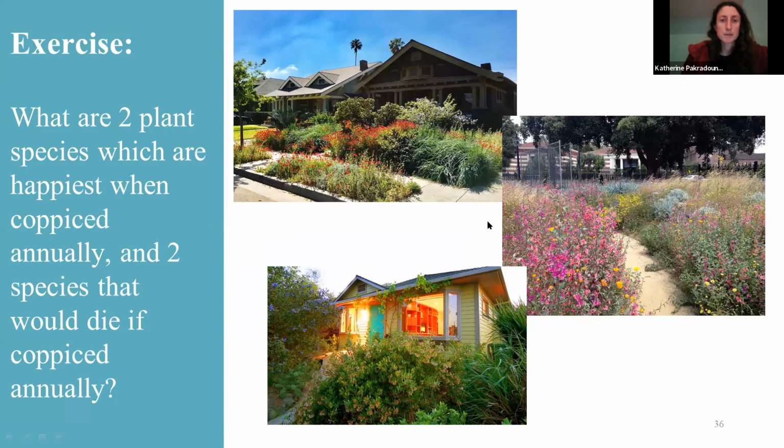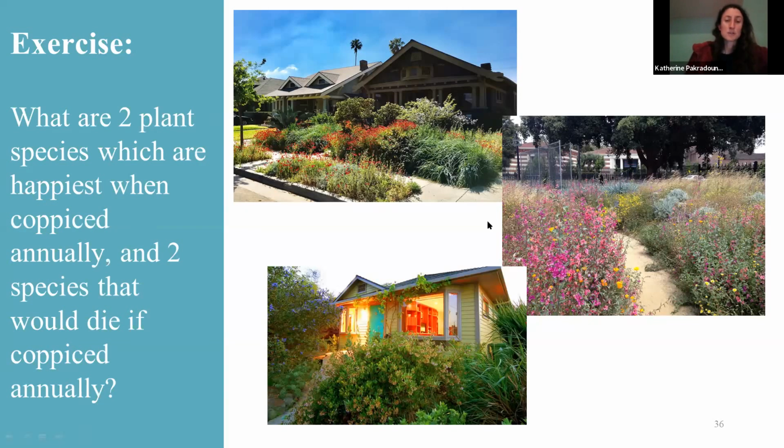Rogers Red doesn't mind being coppiced. Grapevines could probably be coppiced annually if you were desperate to keep them very small. But the point of the grapevine is obviously for it to trail and ramble over structures and such, so it would be very unlikely that you would do that.